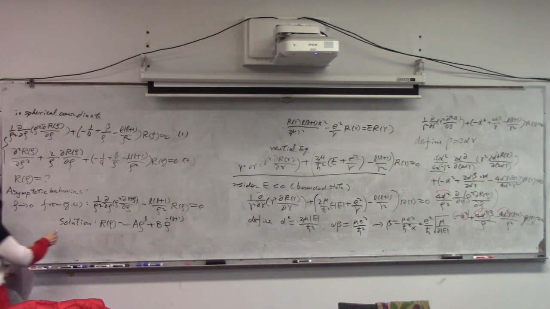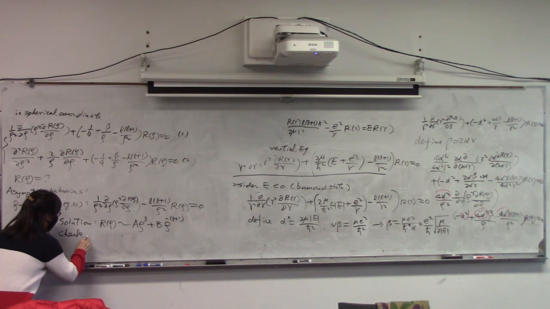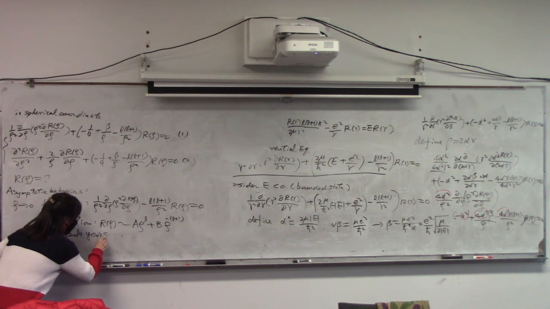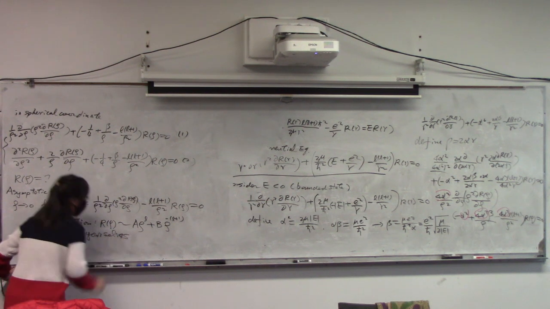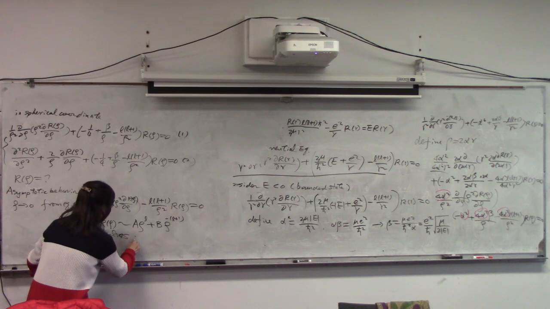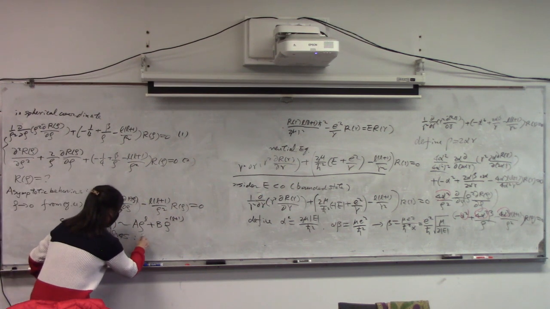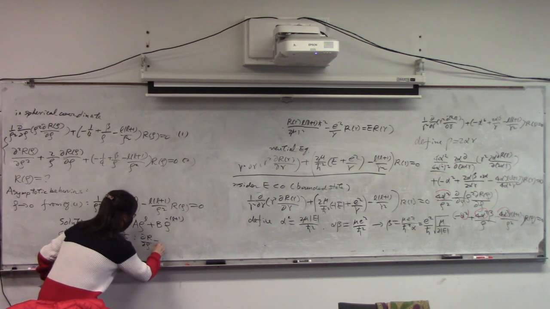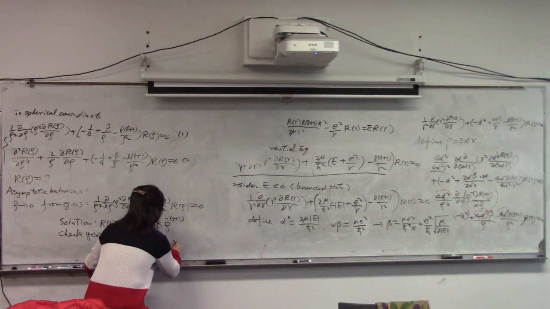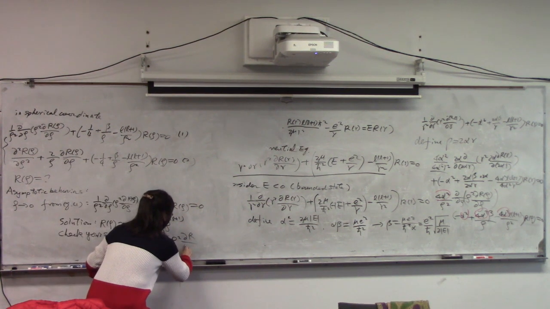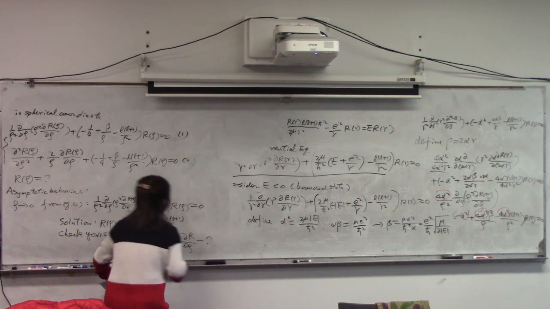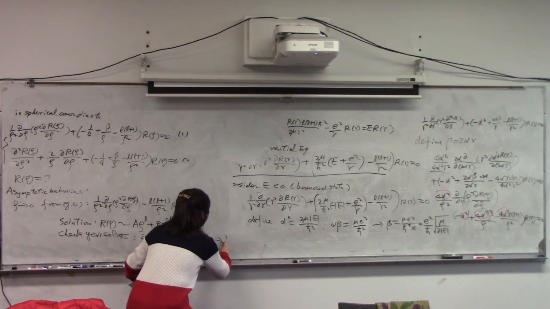This takes time, so check yourself. How to do that? Very easy, right? Your R is this one. So you just need to find what partial R partial rho is equal to, and then you look at this one, and then you substitute it.